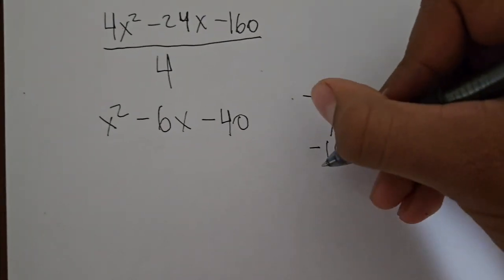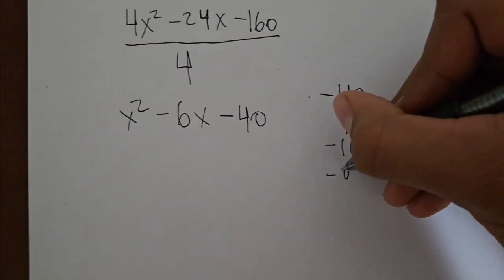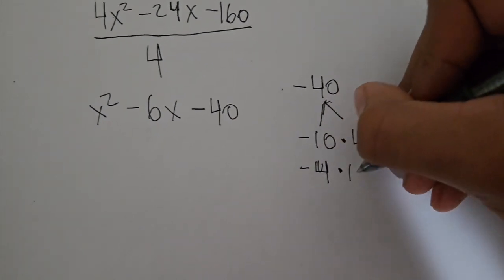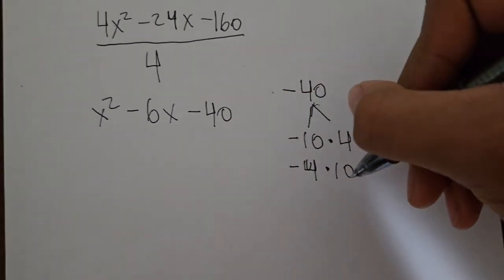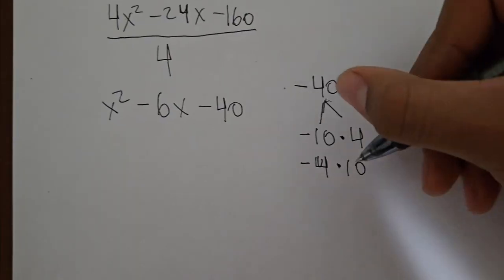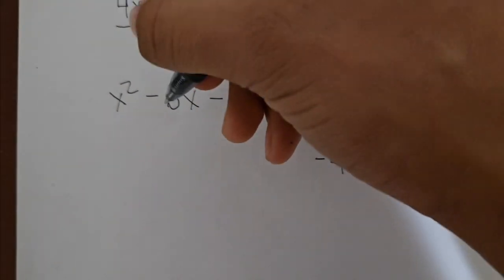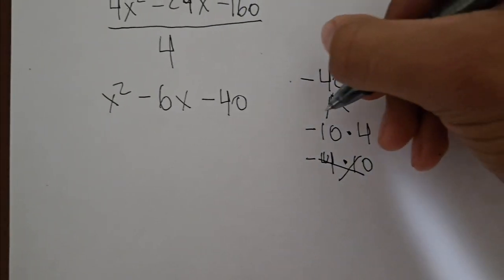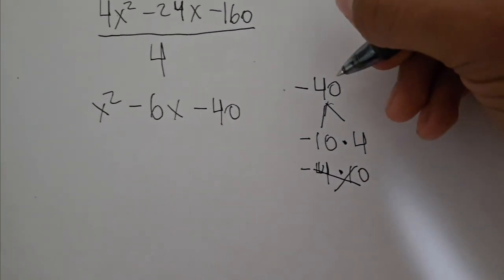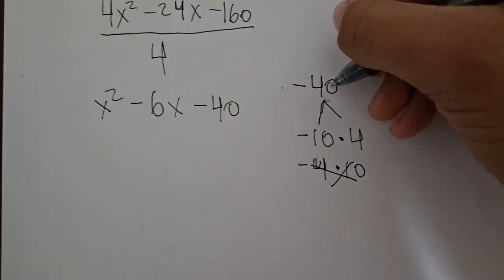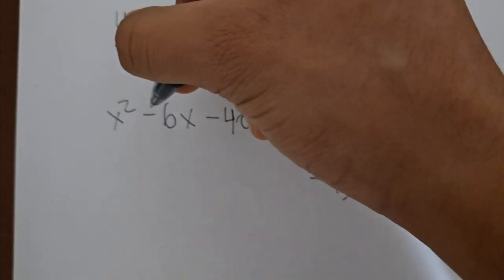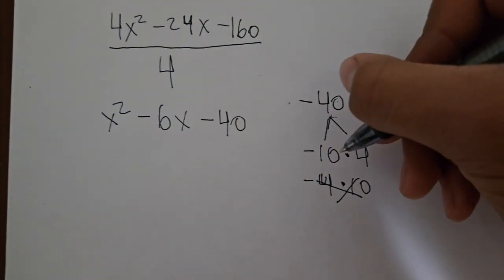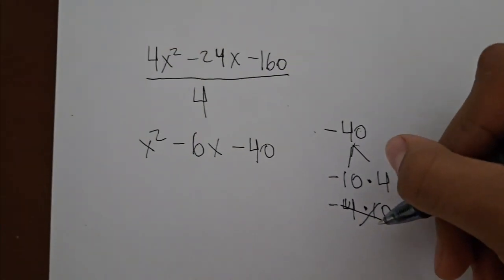It wouldn't be, for example, negative 4 times 10, because negative 4 times 10 does equal negative 40, but if we add them up, it gives us positive 6, not negative 6. So this would not work. Negative 10 times 4 multiplies to negative 40 and adds up to negative 6, which is why we use these factors instead.